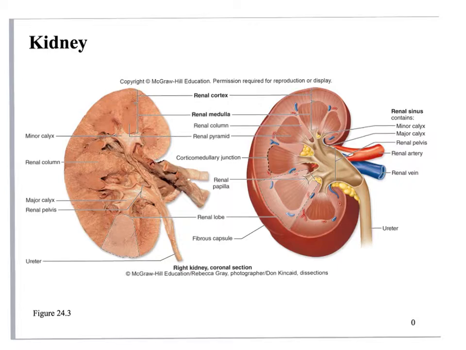All right, you see the renal artery, renal vein, and then as blood comes in from the renal artery, it separates and breaks down, sending out numerous vessels, eventually getting to the nephron, which we'll talk about next.